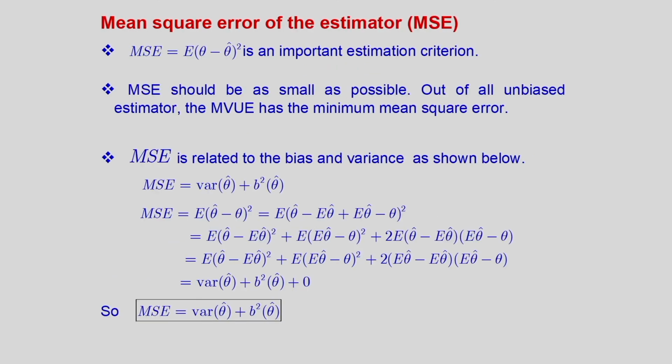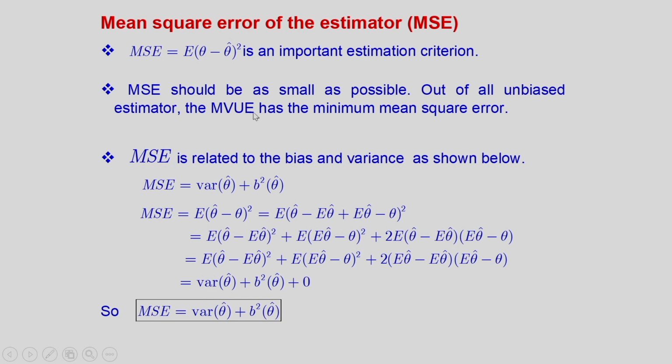So we discussed the mean and variance; another term is mean square error, MSE. MSE is equal to E of (theta minus theta hat) whole square. Minimizing the MSE is an important estimator criterion. MSE should be as small as possible.